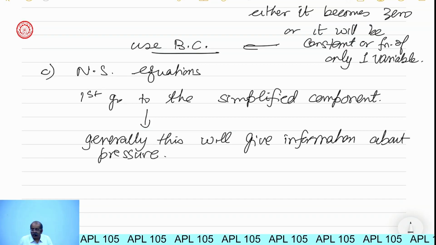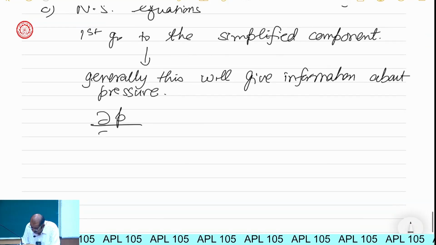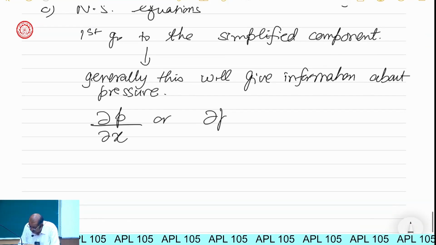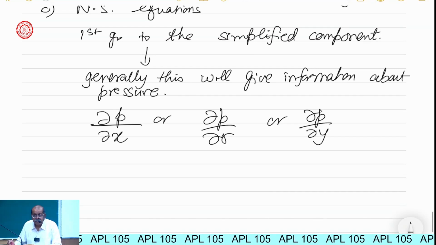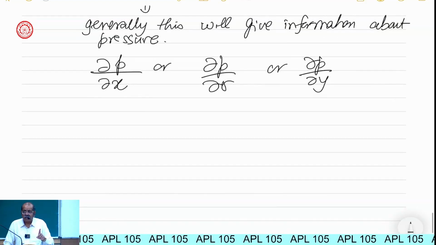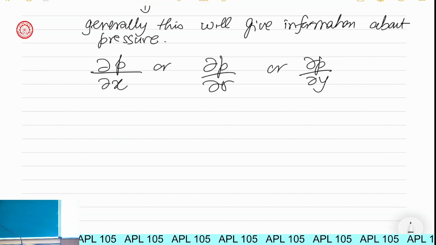And keep in mind that for pressure, you always have partial P by partial X, partial P by partial R, or partial P by partial Y. It is not a total derivative. So this is what this equation is going to give you.